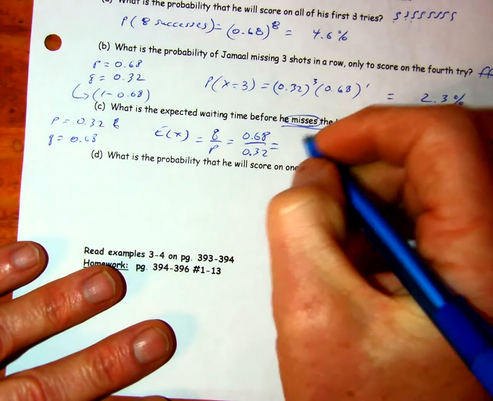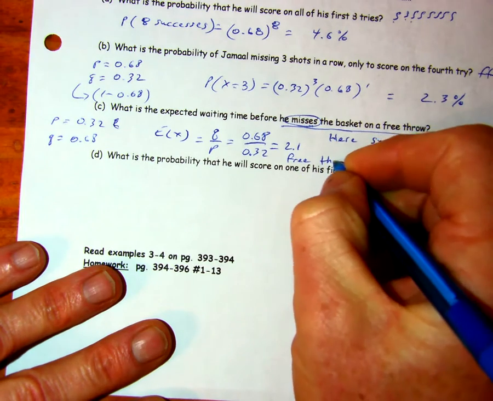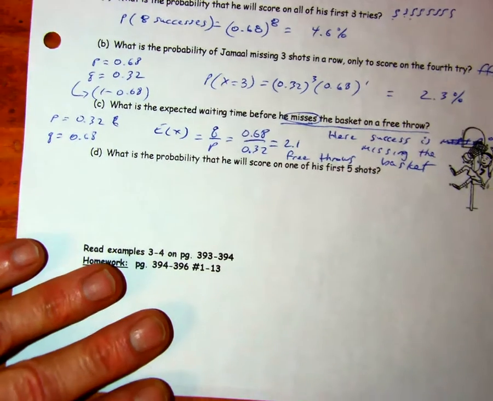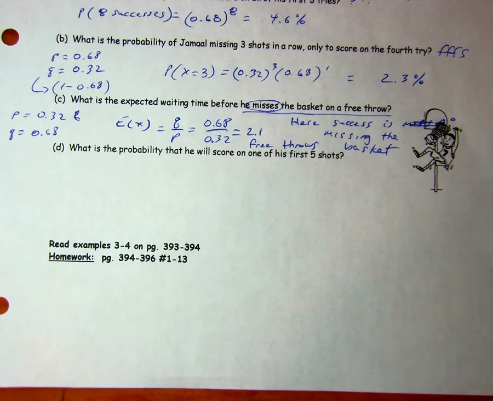It's going to be 2.1 free throws. So on average, he's going to throw a little bit more than 2 free throws before he misses one, on average, if he did it like 1,000,000 times.